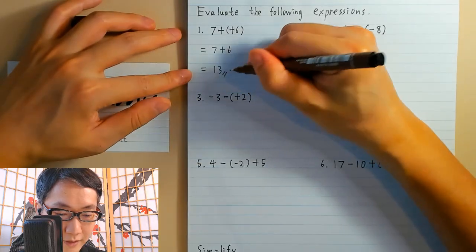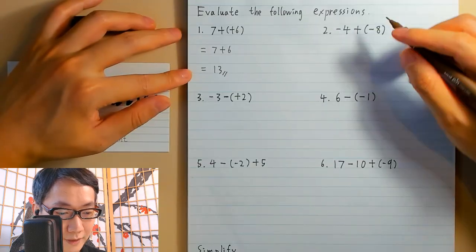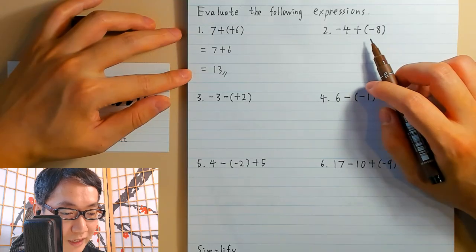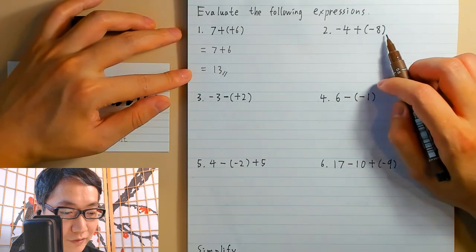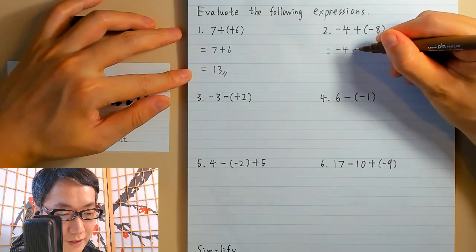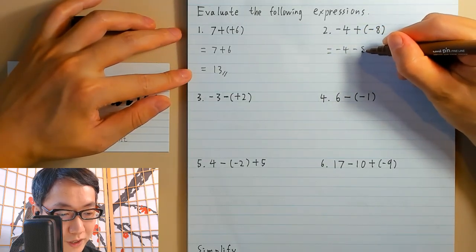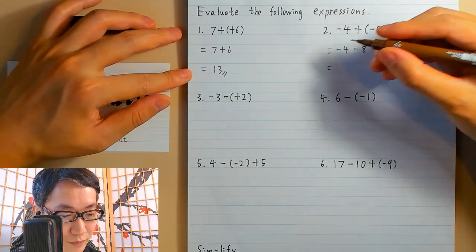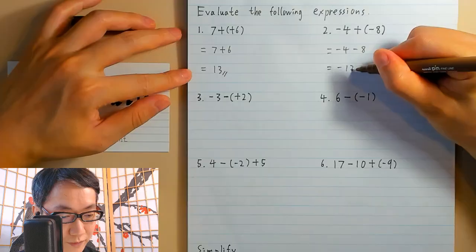Okay, answer. The second question, negative 4 plus negative 8. So plus does nothing to the next term, so simplifying, we have negative 4, negative 8, and then we have negative 12.